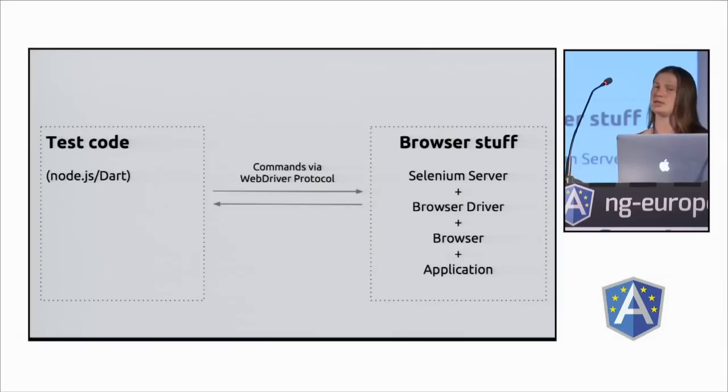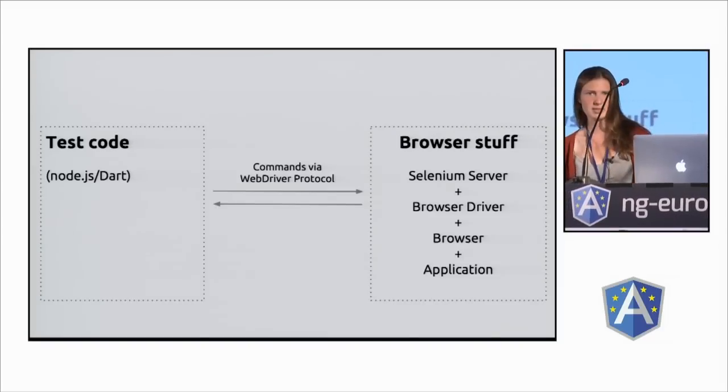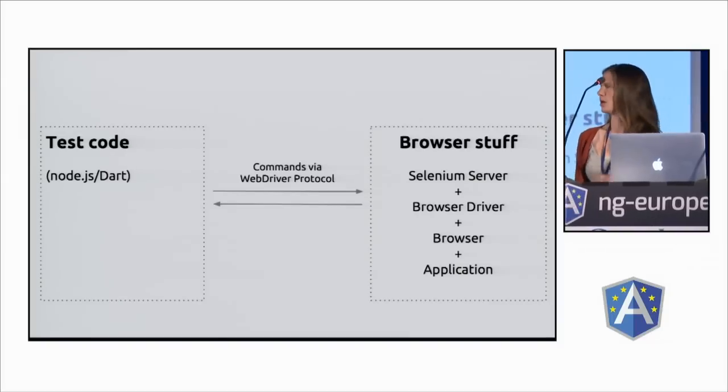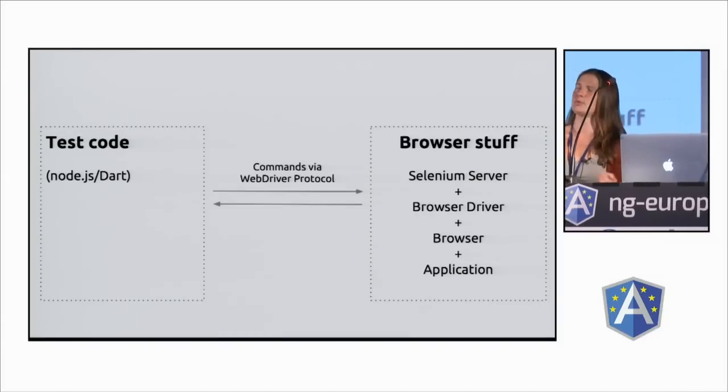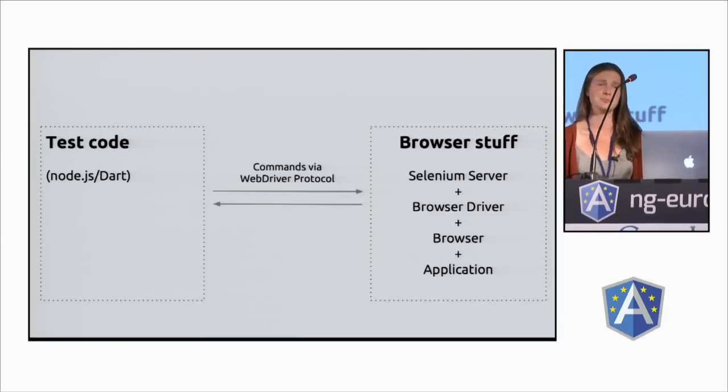And the communication here is over something called the WebDriver protocol. This protocol gives us methods for finding elements, changing the URL, interacting with elements, clicking on them and sending text to them, and then getting information back in the form of what's displayed or what attributes are available.